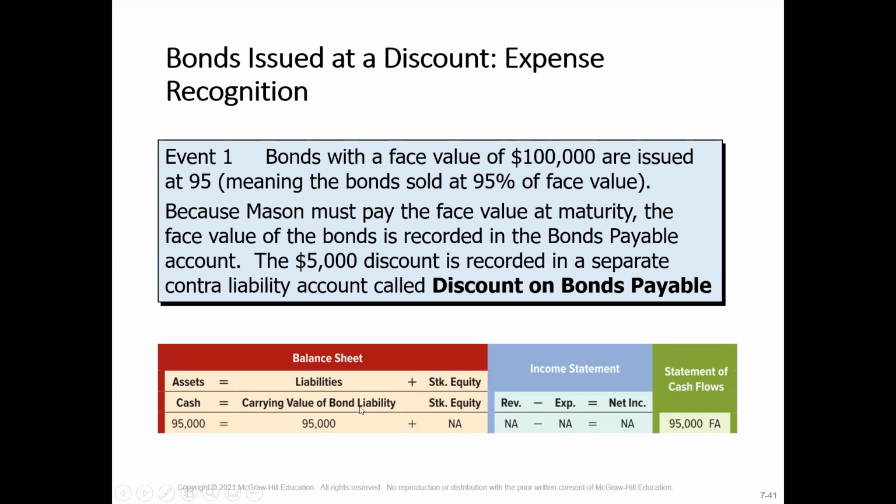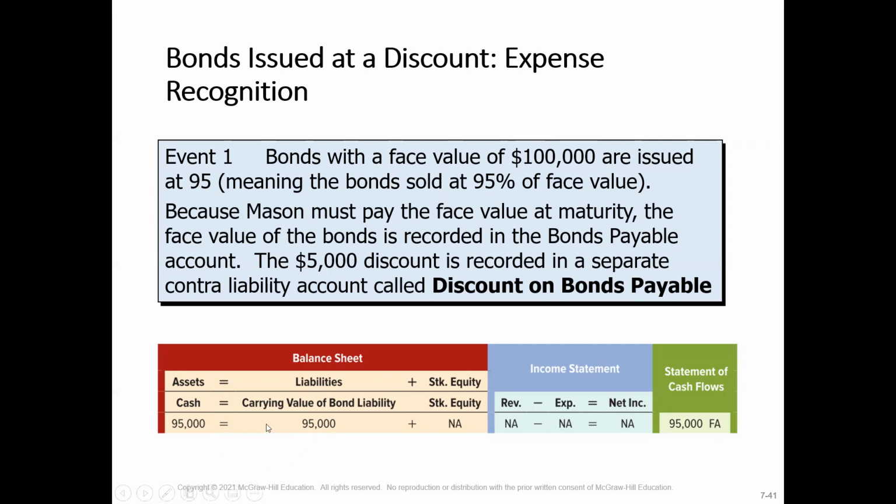And that bond liability would always be $100,000. And the discount on bonds payable account would start off with a $5,000 balance. And it'd be an indirect reduction to the bond liability account. So this would be our initial transaction, would be cash of $95,000.